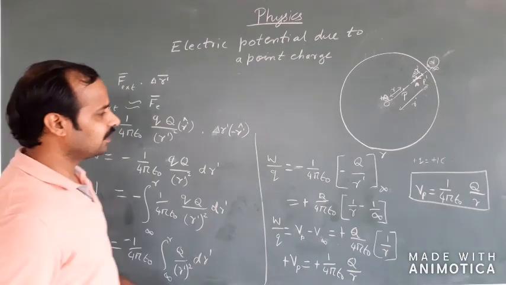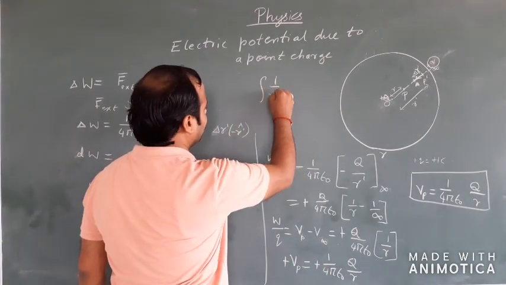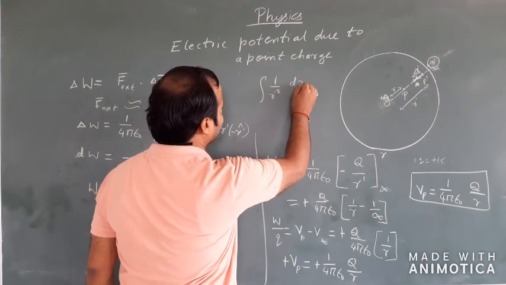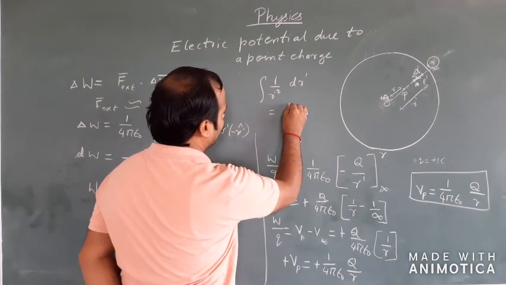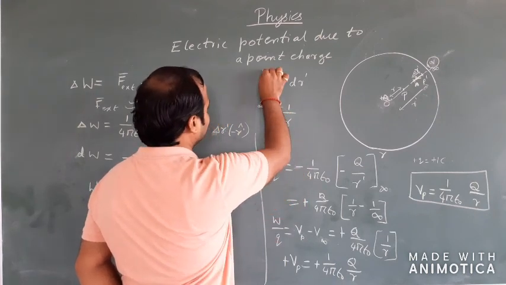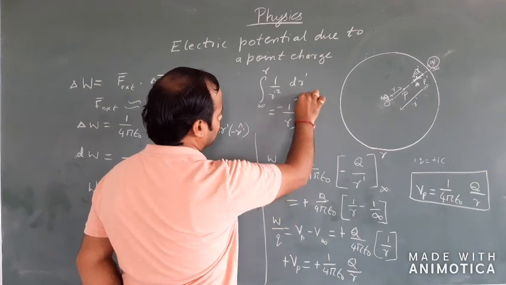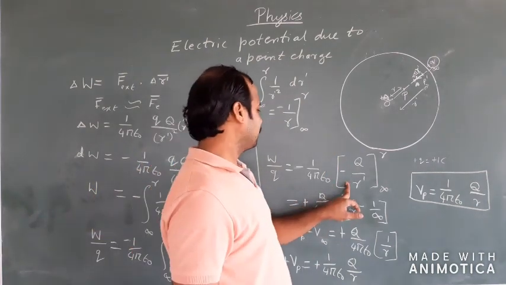So, on integration, the integration of 1 by R dash square dr dash I can write as minus 1 by r, right? And this is from infinity to r. So the same thing I have taken over here.